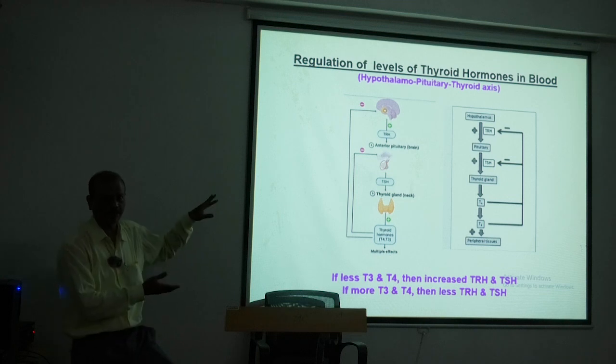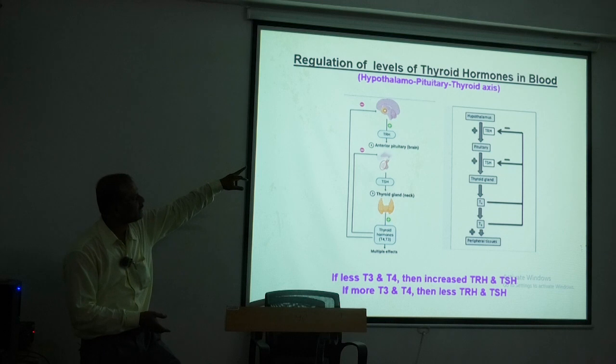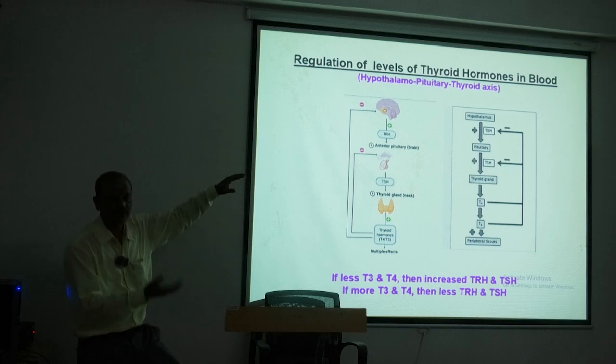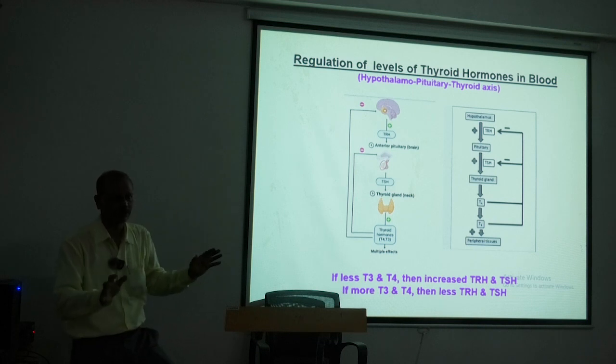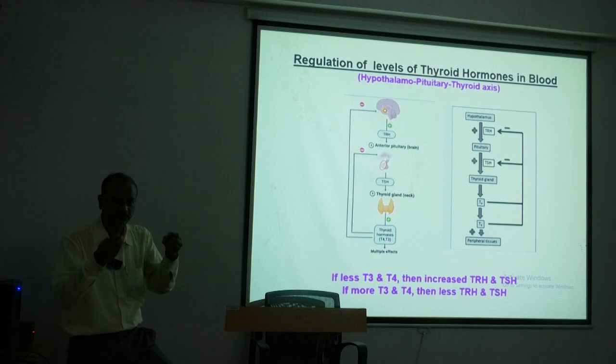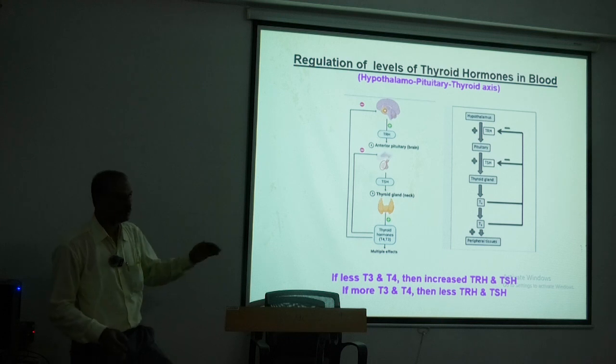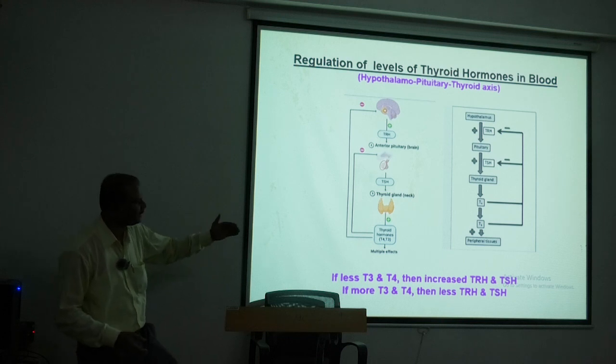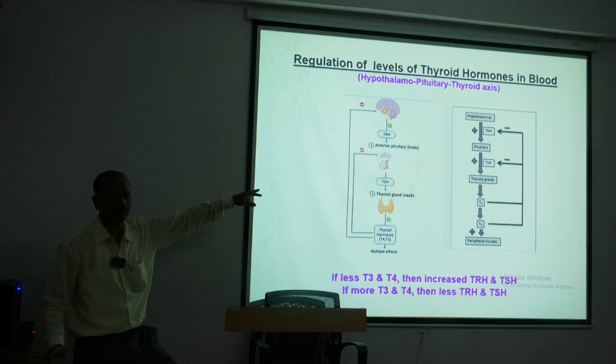Through the negative feedback mechanism, it stimulates the TRH and finally the TSH, to release an excess amount of TSH, so that whatever tissue is available in the thyroid because of the disease process produces adequate T3, T4 to cater to the needs of the body. So if you find that T3, T4 is less, that means TSH will be high.